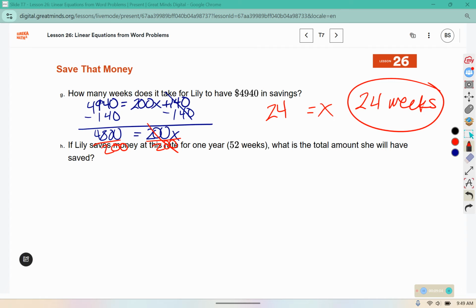If Lily saves money at this rate for 1 year, which is 52 weeks, what is the total amount she will have saved?